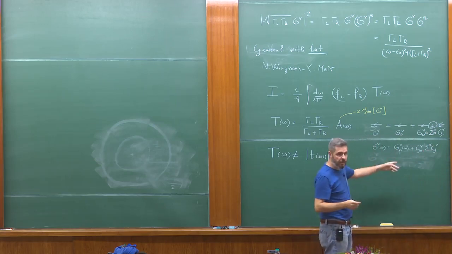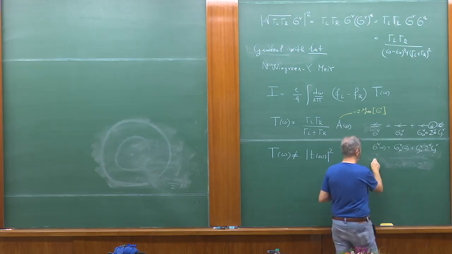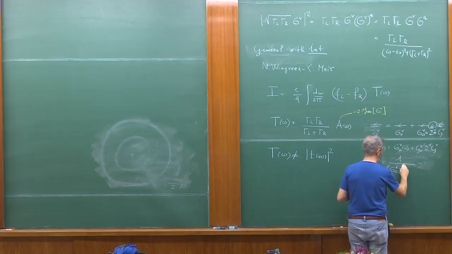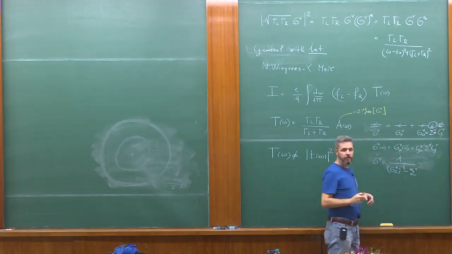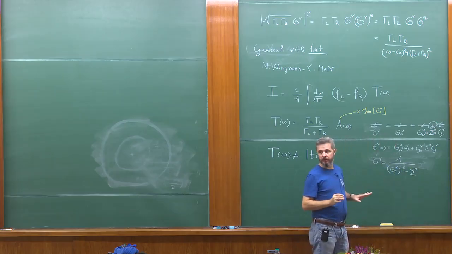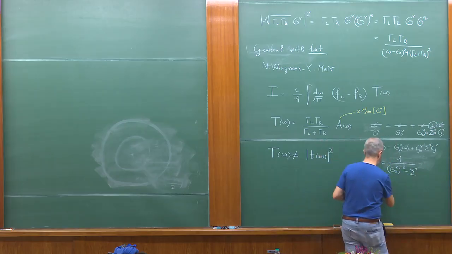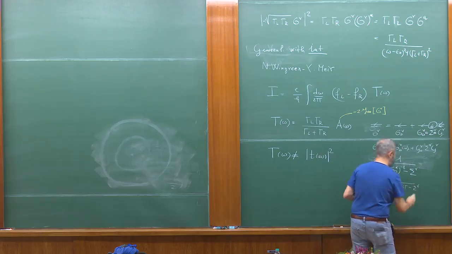It's an algebraic equation that you can solve for G retarded, and you will get G retarded equal to 1 over G naught retarded to the minus 1 minus sigma retarded. And this is what I wrote down before: 1 over omega minus epsilon naught plus i gamma minus sigma retarded.